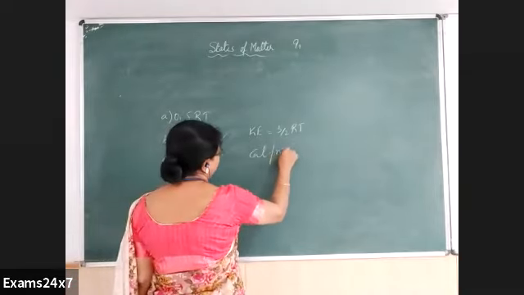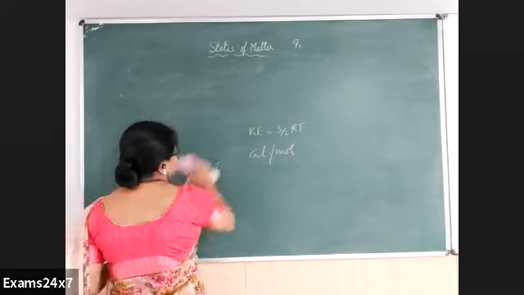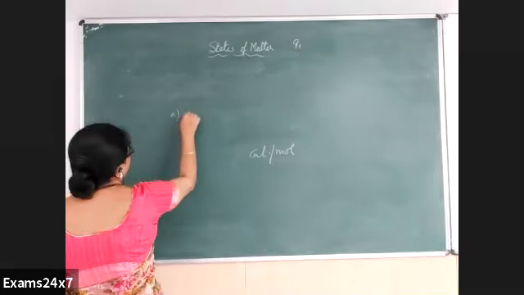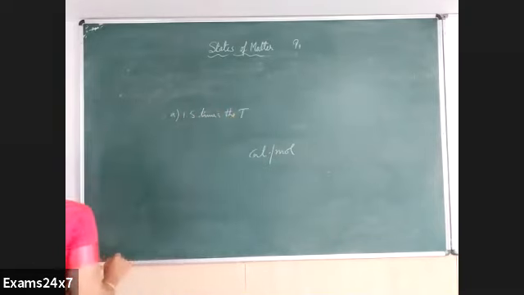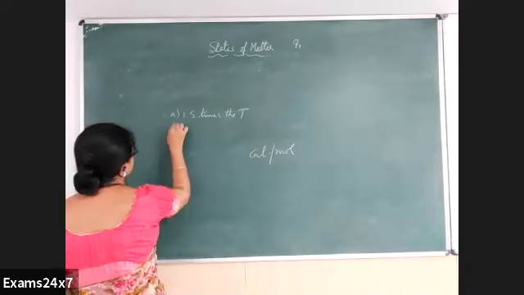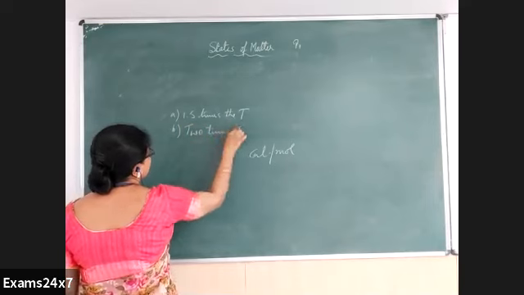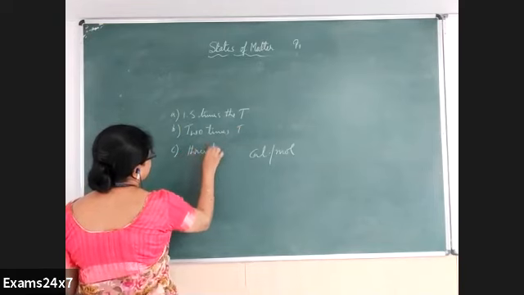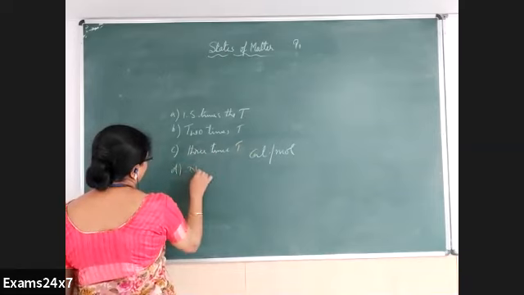Options: first one, 1.5 times the temperature; 2 times the temperature; 3 times the temperature; none.